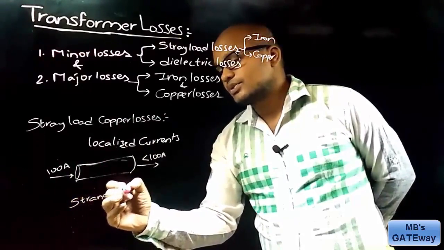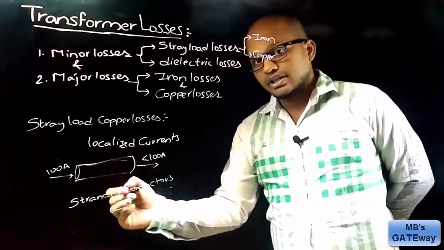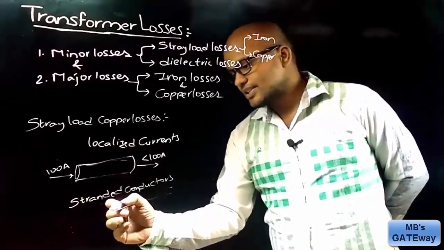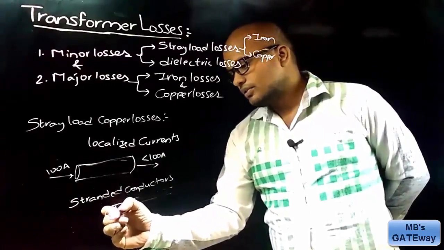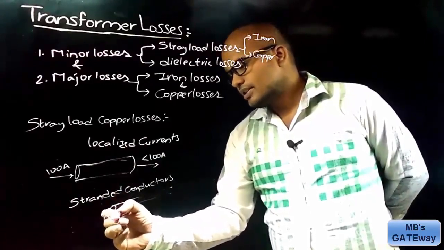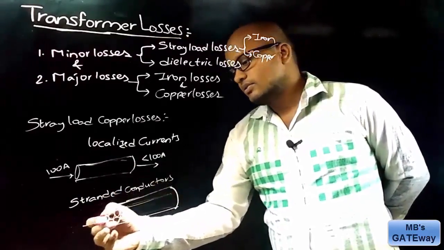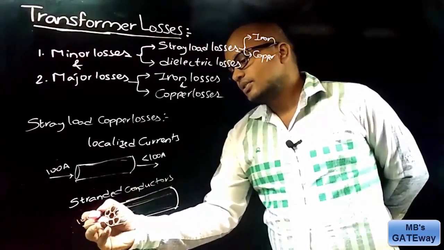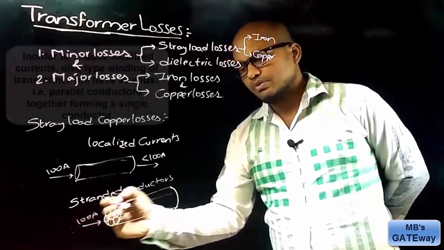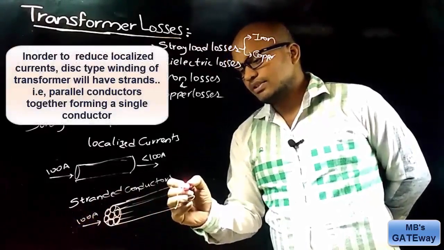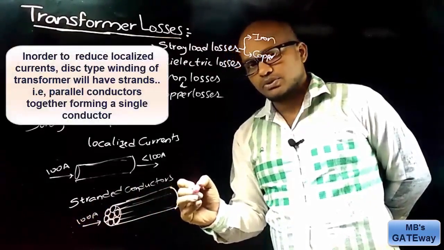stranded conductors are used. A stranded conductor means a conductor consisting of a number of strands all together forming a single conductor. With stranded conductors, if you give 100 amperes input, then we will get 100 amperes output.